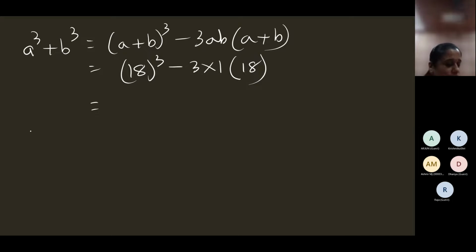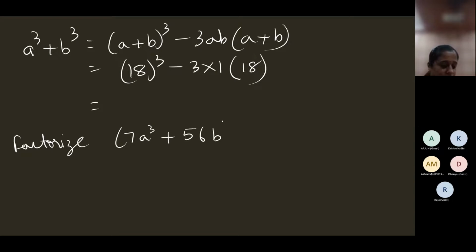Now I'll give you 3 more questions. Factorize. This is the next question, children. Take a screenshot because I have to take you to the earlier slide. Factorize 7a cubed plus 56b cubed.